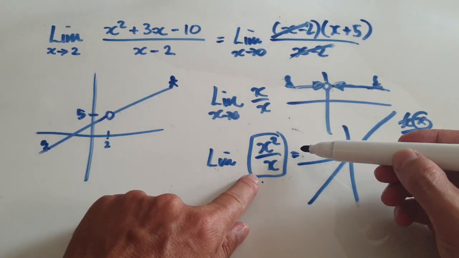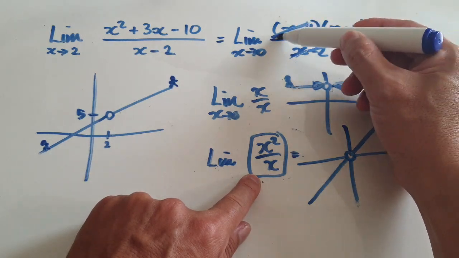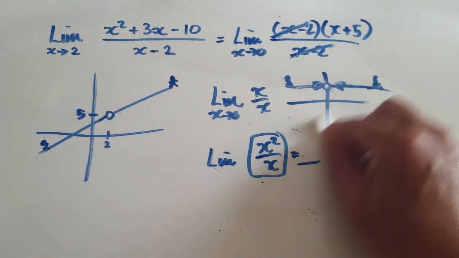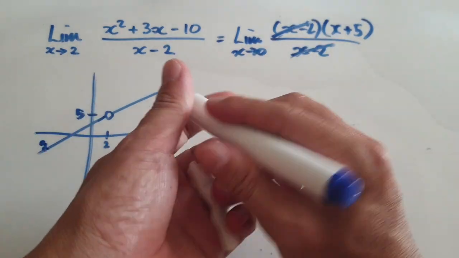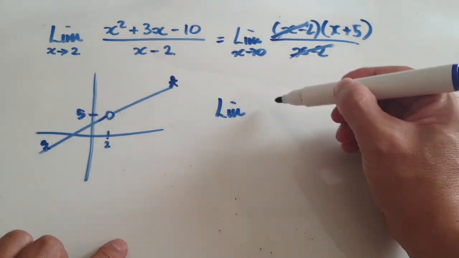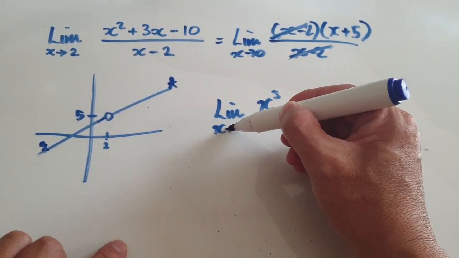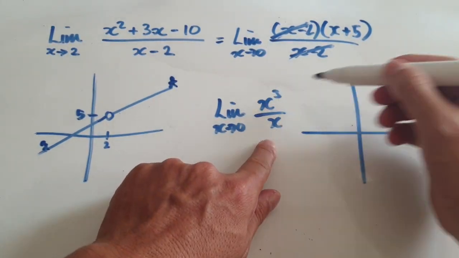The important thing is that these two cancel each other out, just like this thing here cancels each other out. If you consider this, hang on. If you consider this, the limit of x to the power 3 over x. Take the limit as x tends to 0. It will look something like this.